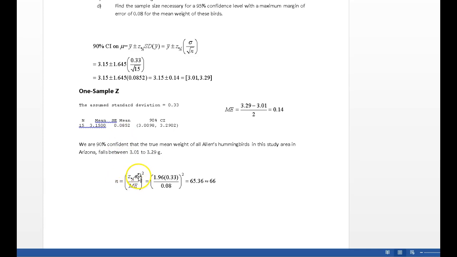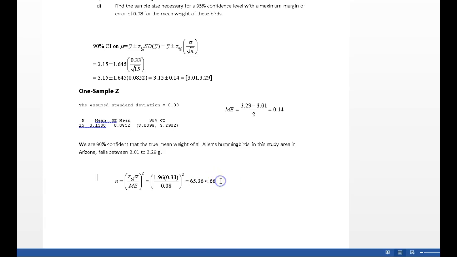All right, I'm supposed to know my population standard deviation, or I can estimate it with a sample standard deviation, but in this case I know the true sigma value to be 0.33. My margin of error, I'm told in the problem, is 0.08. You multiply and divide, and don't forget you have to square it at the end. Your calculator answer is roughly 65.36.